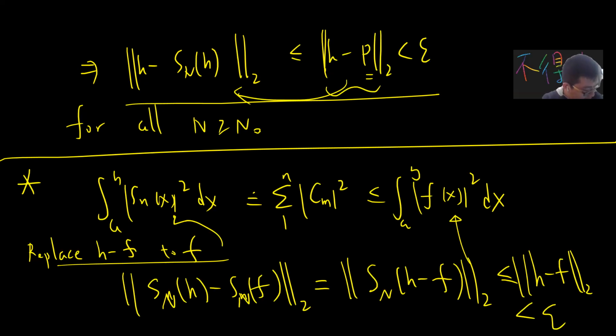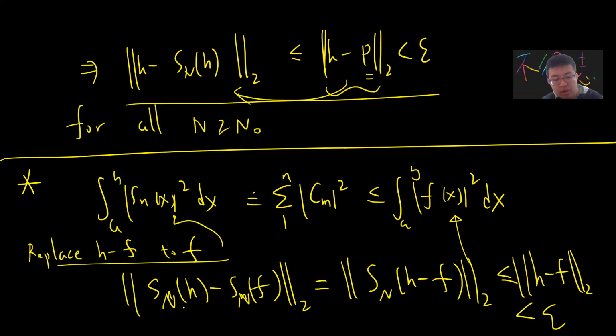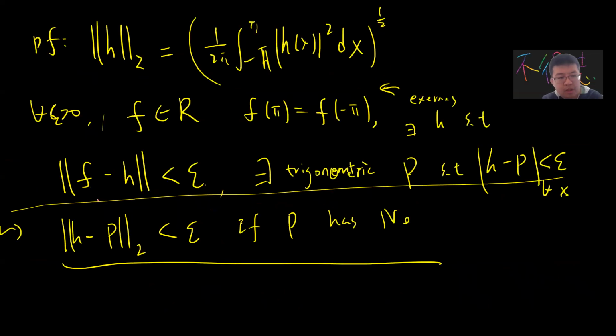Okay, so you can combine everything. You have f and h, and Sn h and Sn f, and their differences. So you have the first one, the second one, and the third one.